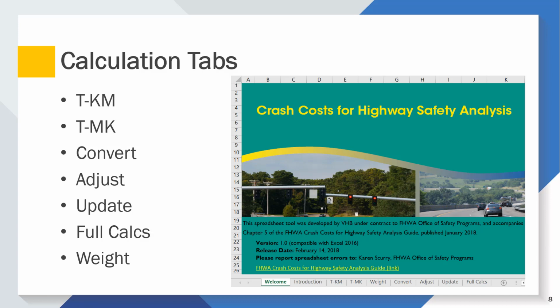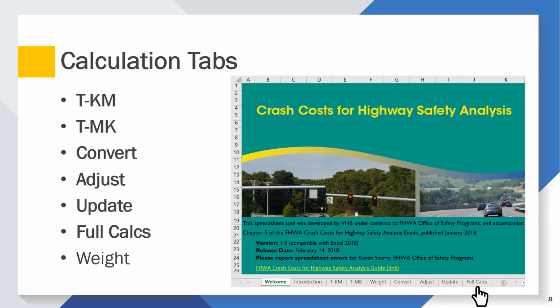The remaining tabs facilitate the 5 calculations covered in the Crash Cost Guide video, including T-KM to translate the number of CABCO person injuries to MAIS person injuries, T-MK to translate MAIS person injury costs to CABCO person injury costs, convert to convert CABCO person injury to CABCO crash costs or between number of CABCO crashes and CABCO person injuries or vehicles, adjust to adjust national costs to a state or from state to state, and update to update costs from year to year.